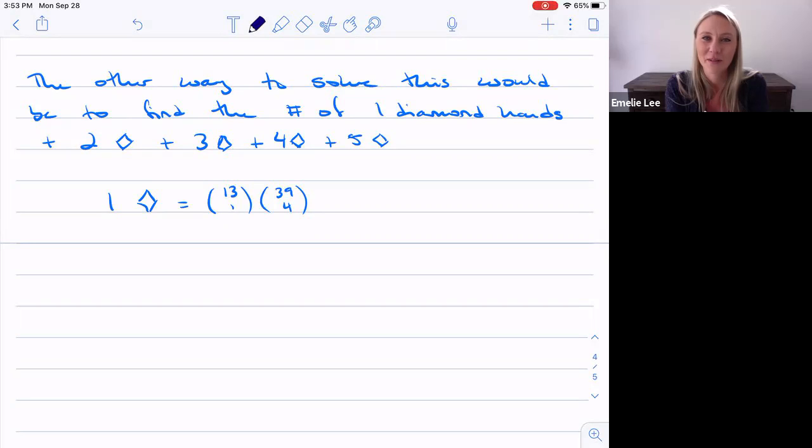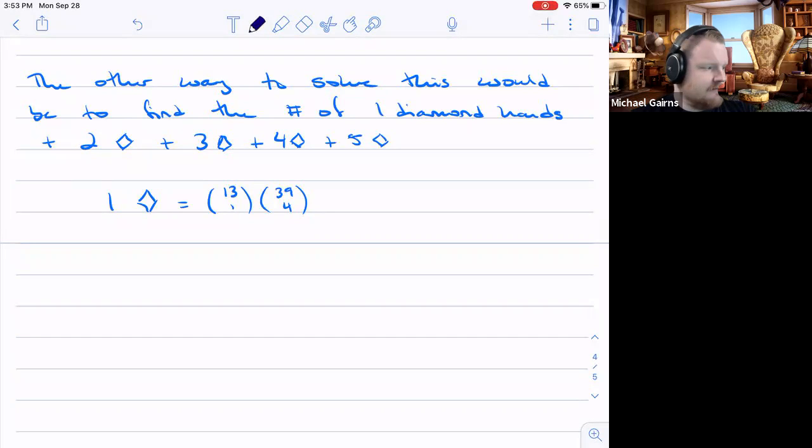Are we done with combinations and permutations or what? I actually have a question, Emily. Sure. Let me turn up my volume here. So my first approach to this question, even before you started explaining, was: I need to choose at least one diamond card for my hand. So that's 13 possibilities for the first slot.